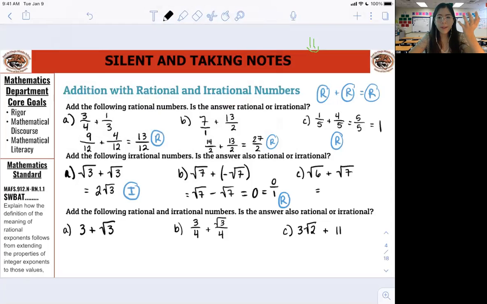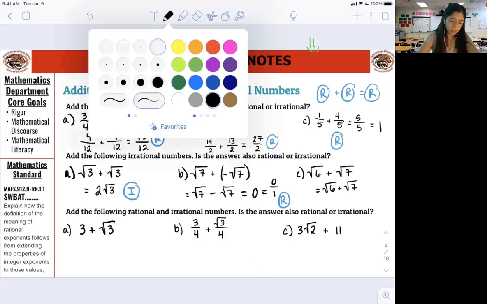So if I have an infinite non-repeating decimal plus another infinite non-repeating decimal and I add them together, I'm still going to get an infinite non-repeating decimal. You can't actually write this any other way. The simplest way to keep this is just the square root of 6 plus the square root of 7. It's kind of like if you have x plus y, there's no other way to simplify that. You still just have x plus y. So this is also irrational.